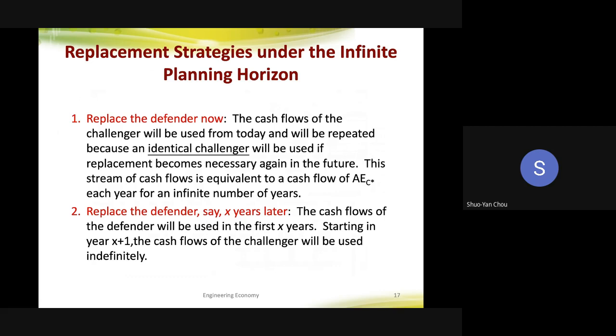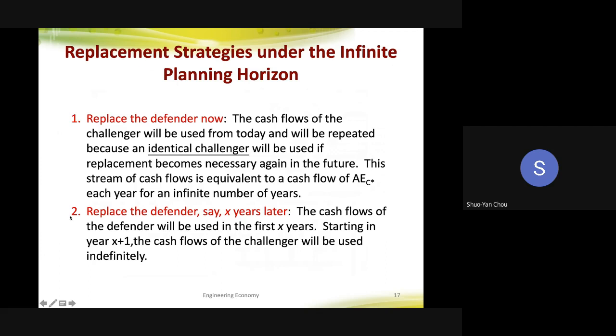That is, we are making a decision of whether or not we want to replace it now, or we can still use the old machine for a little bit more time, and then replace it. These are different kinds of decision, but basically here we are still talking about the infinite planning horizon.